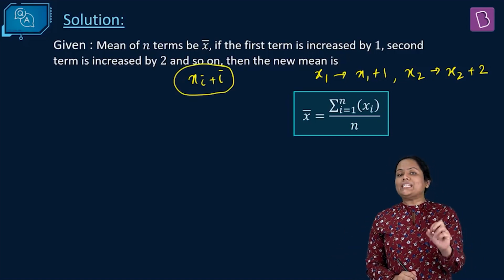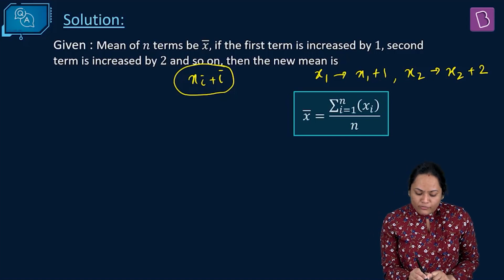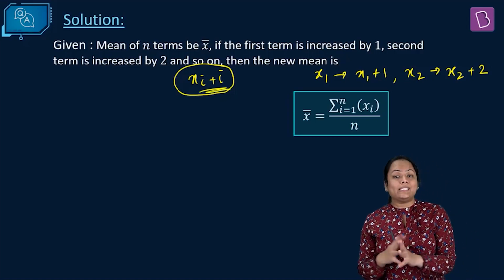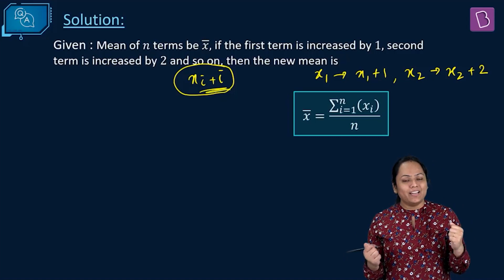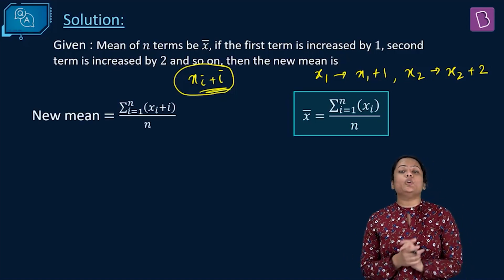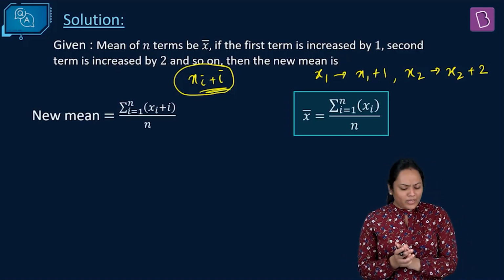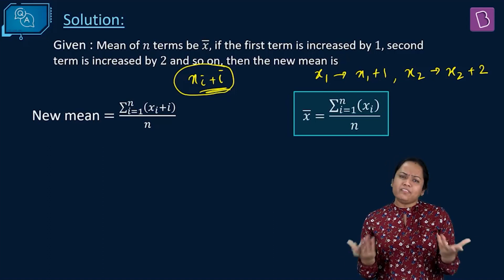So therefore, I can say that my new mean will be summation of all these new xi's divided by n, right? So this will be our new mean formula. Now what? Well, now we'll just expand this part and find the value.